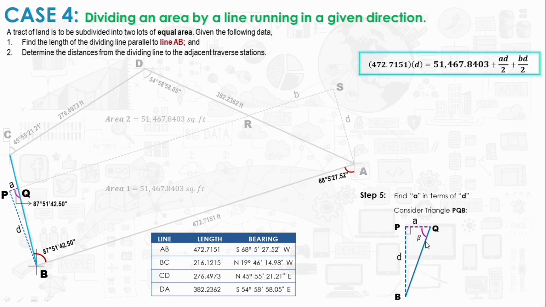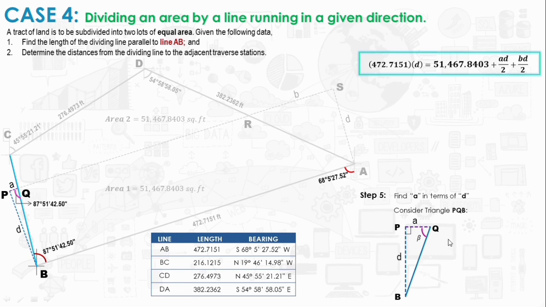So since meron na tayong angle beta, pwede natin makuha si A in terms of D. Paano? Ano yung trigonometric function na pwede natin gamitin na in terms of A and D? Correct. We can use the tangent function, diba? Tangent is simply equals to the opposite over the adjacent.